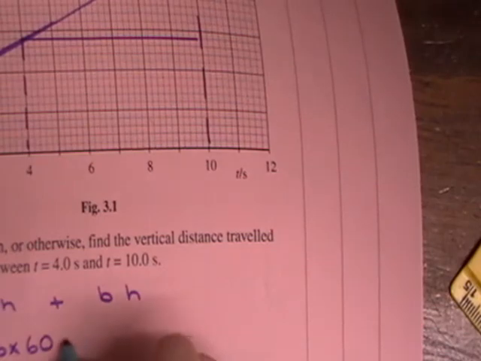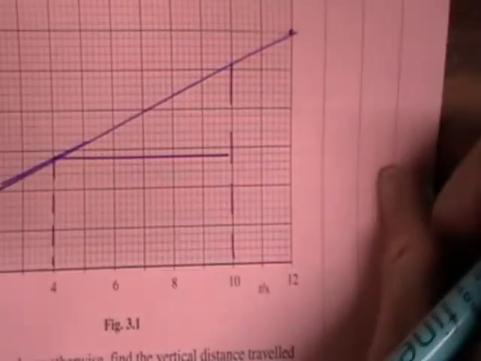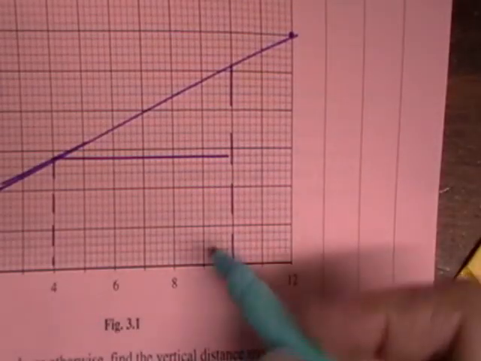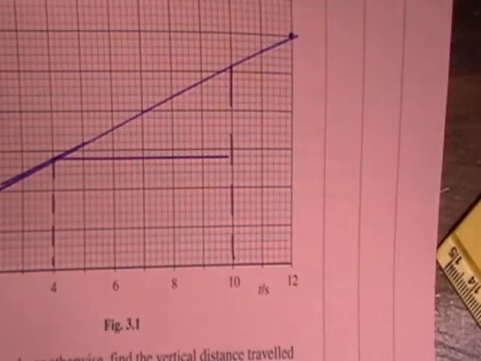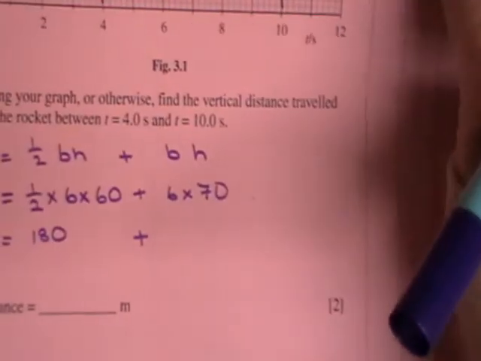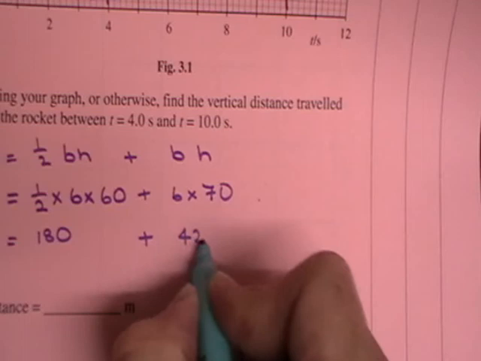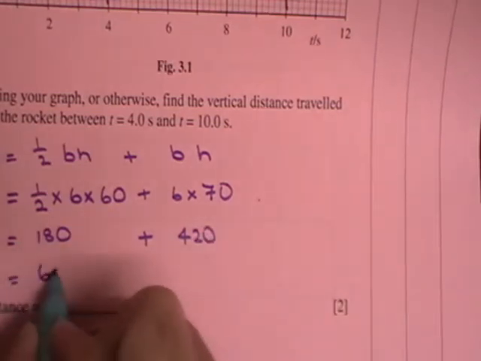Then the second part, the base by the height. The base is again 6, and the height, reading across, is 70. So it's 6 times 70, which is 420. When you add those two up, you get 600 altogether.